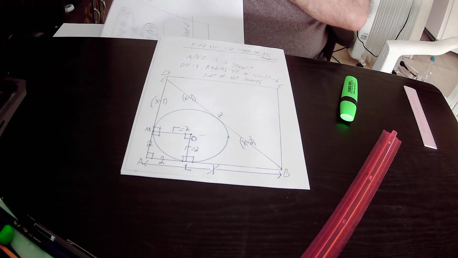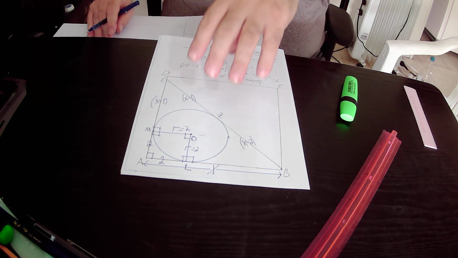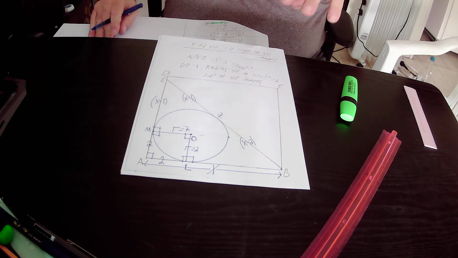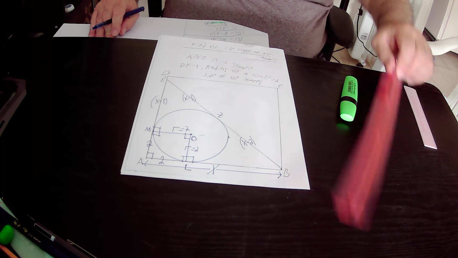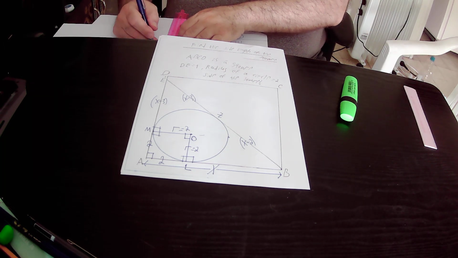In the next step, we will implement the Pythagoras theorem on the right triangle EAB. So I'll copy the right triangle EAB in a new page, and we will implement the Pythagoras theorem on this right triangle, triangle EAB.